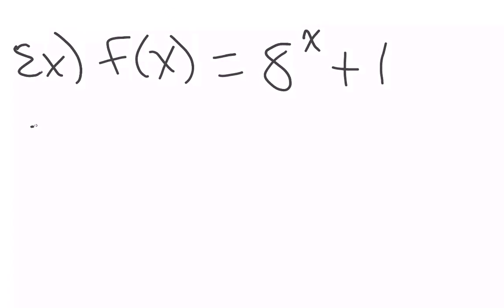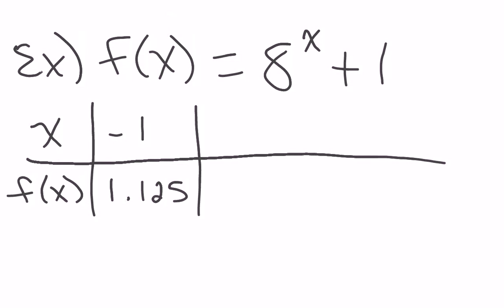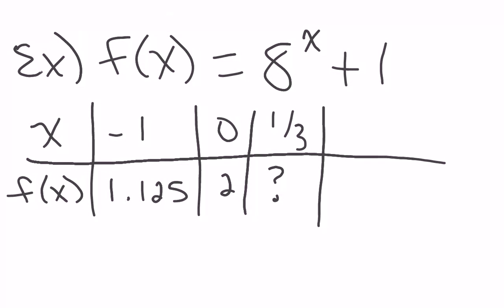And then we have a table of values that they have given us. Let me fill those out real quick. Zero and 2, 1/3, and 3 and 5/3.